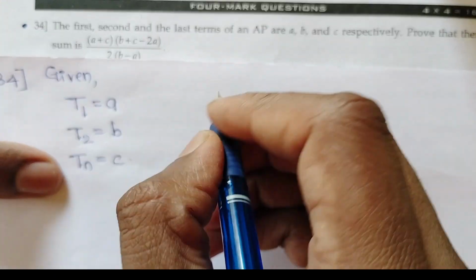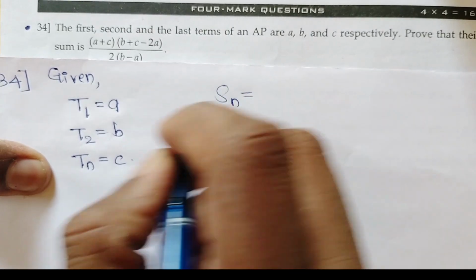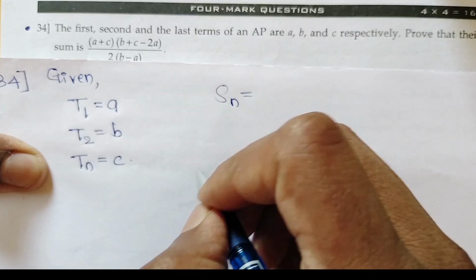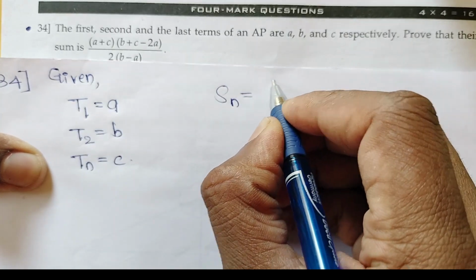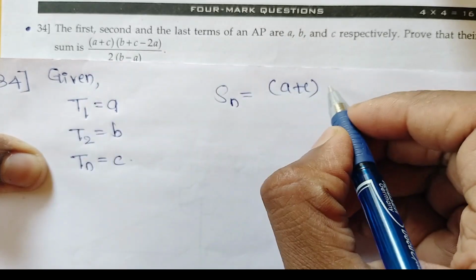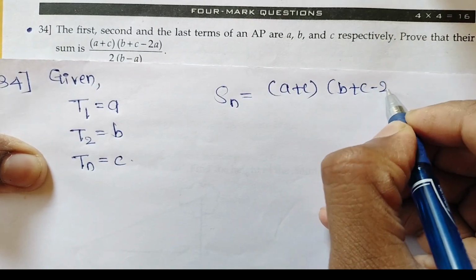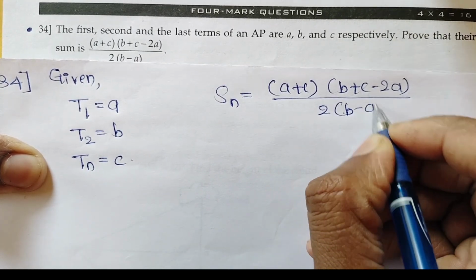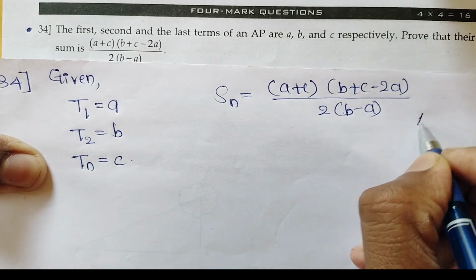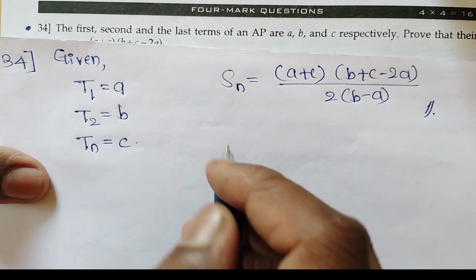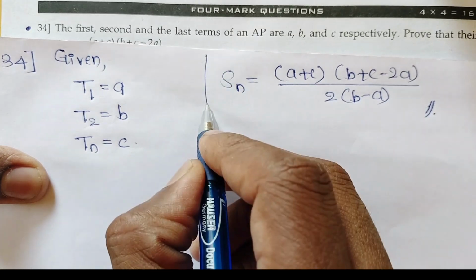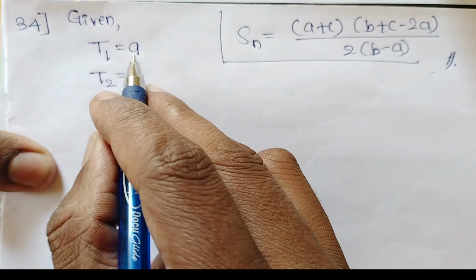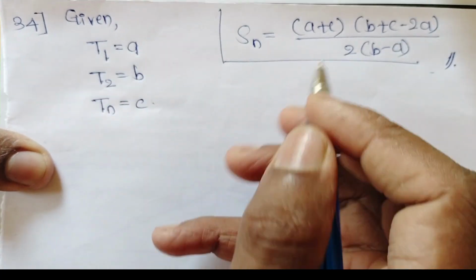We have to prove here that Sn, the sum of all these n terms, is (a plus c)(b plus c minus 2a) divided by 2 times (b minus a). To arrive at this, we have to solve using the given data.